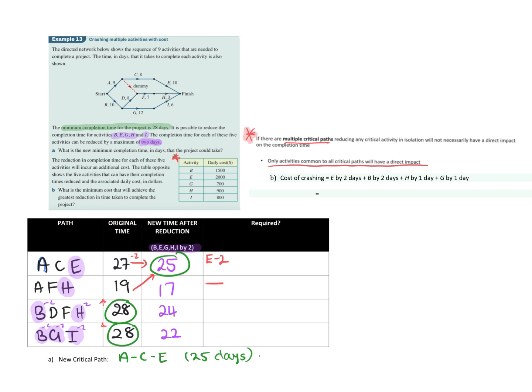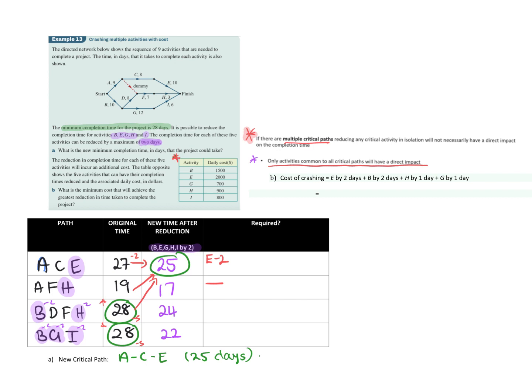Okay, now this next one, we have to get 28 down to 25. So really, we need to -3, don't we? And it'll be the same with the one underneath. Now, this is where we're saying there were multiple critical paths. If you look there, we've got 28 and 28. So up here, this little note told us only activities common to both critical paths will have a direct impact. So we would definitely need to use an activity that's common to both.